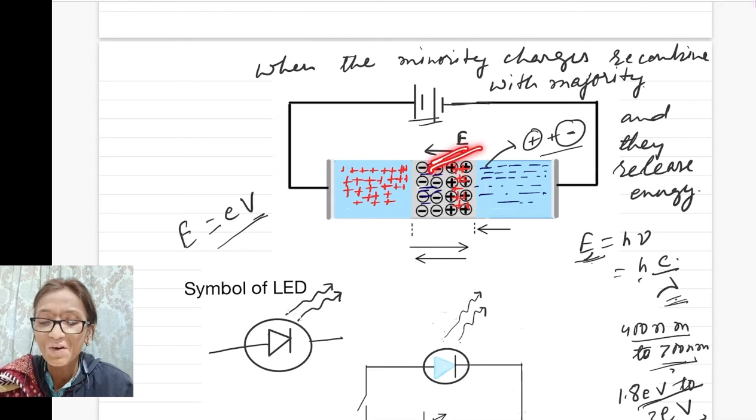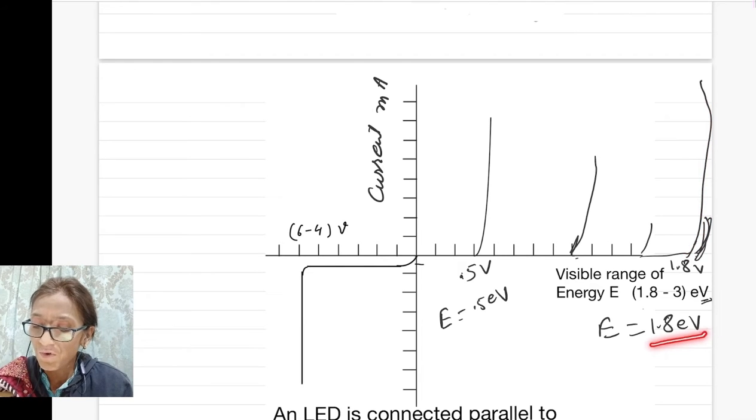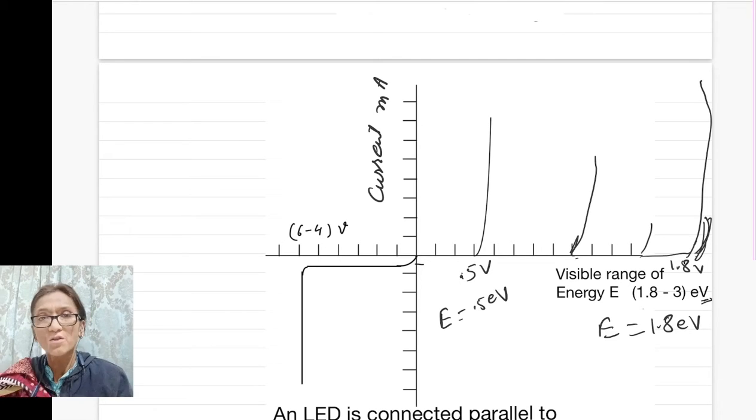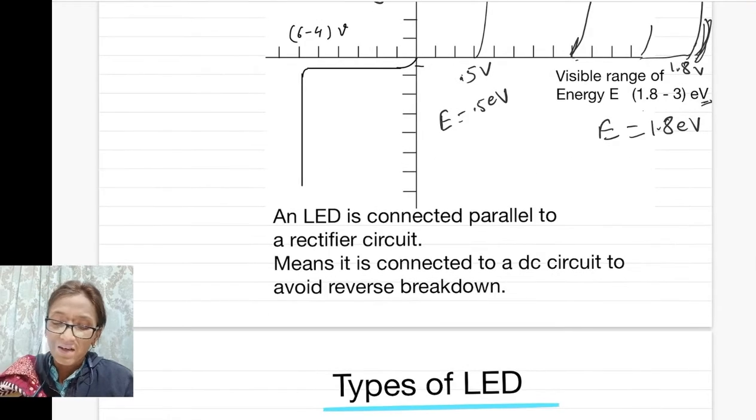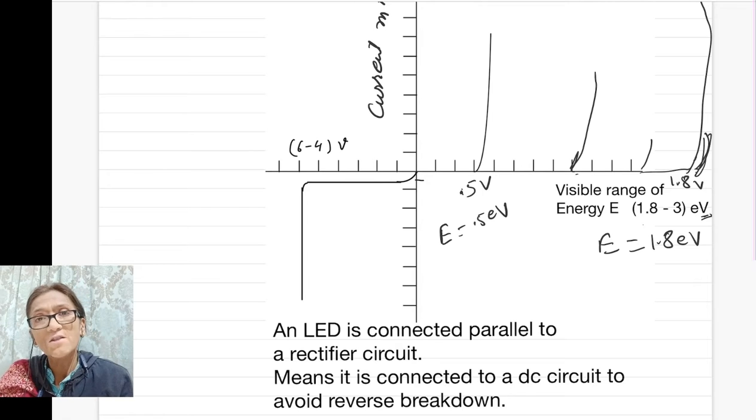So with a high electric field and high potential, you supply a high battery potential, and then the energy released will be very high and it will fall in this range, the 1.8 electron volt range. So the energy released will be in the form of visible light. Now it should be highly doped so that the potential difference is very high.